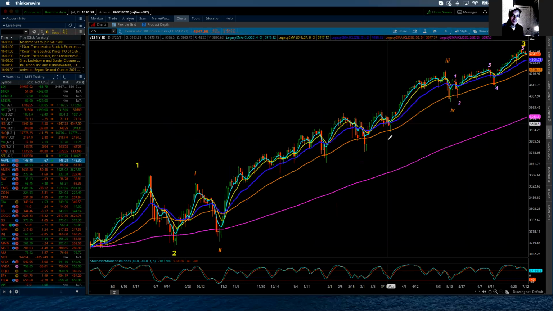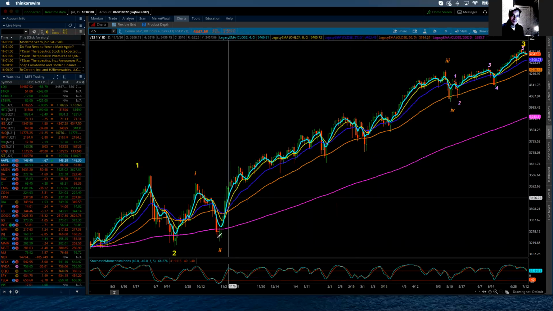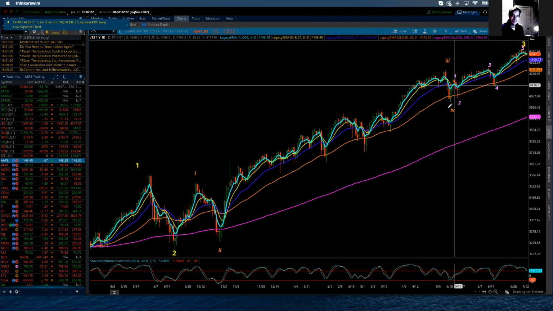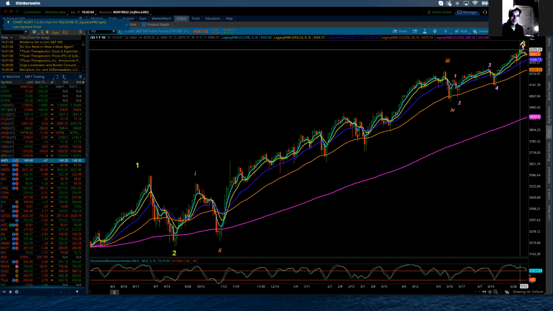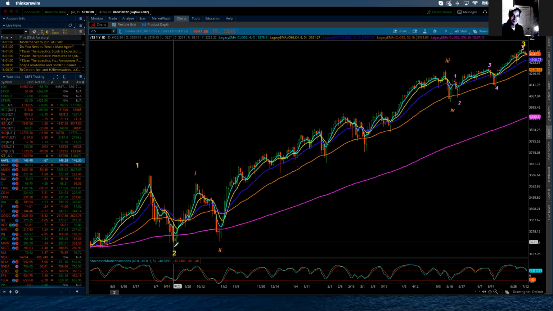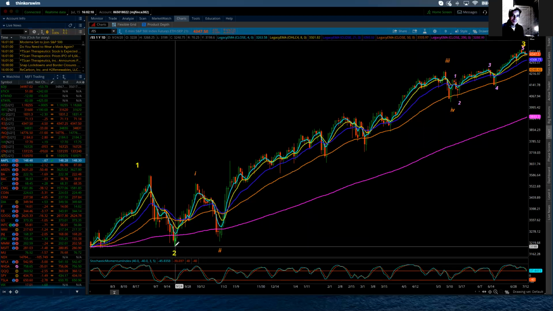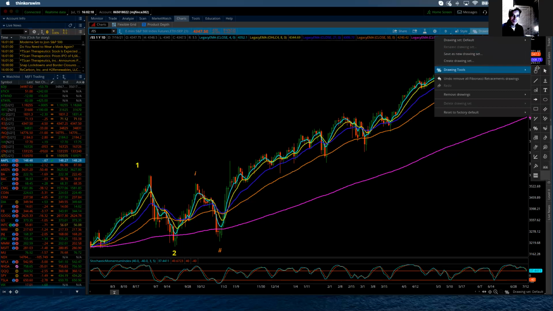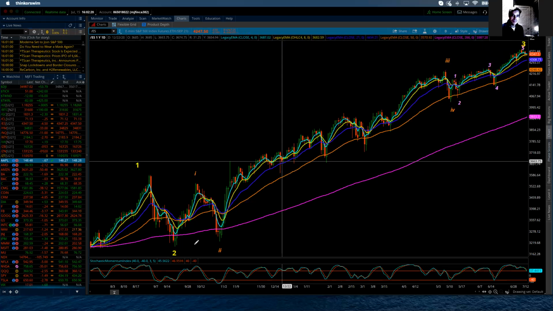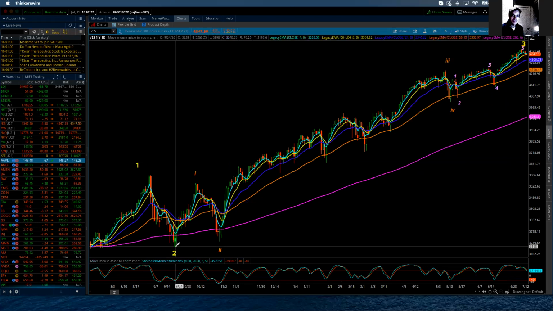What I'm looking for first is, this 5 is over, so I can't use that. So now I've got to go from the 2 to the 3 and to the expected level of wave 4.